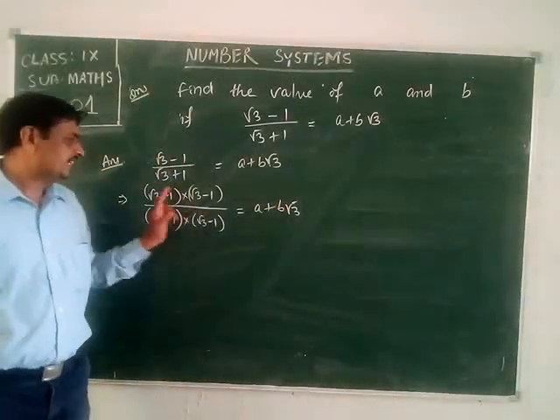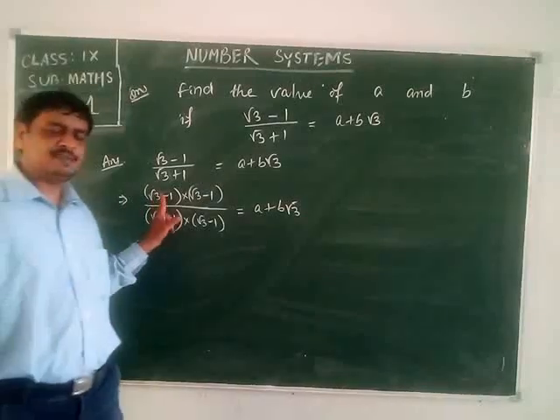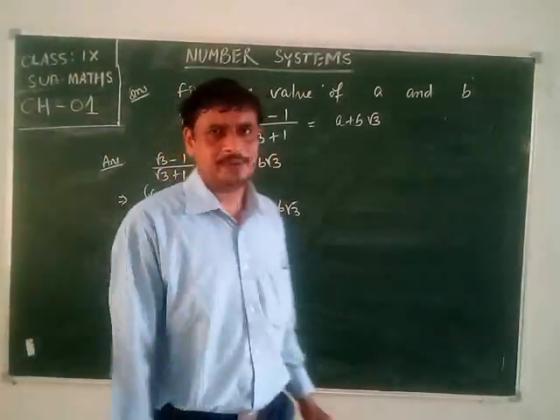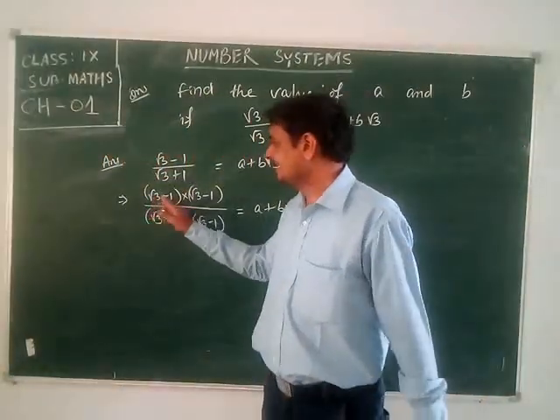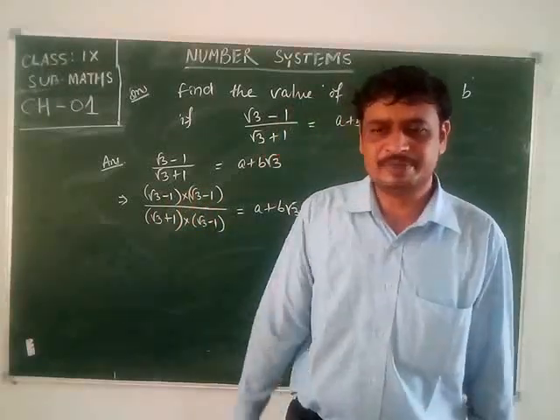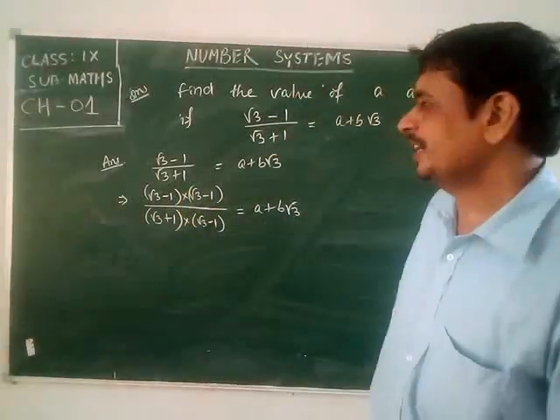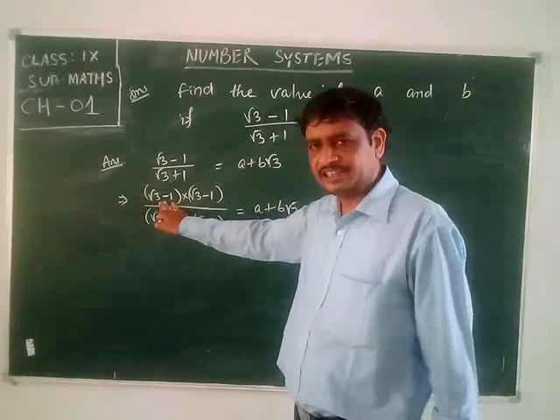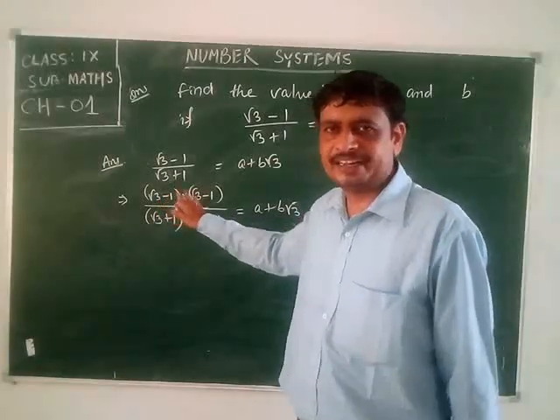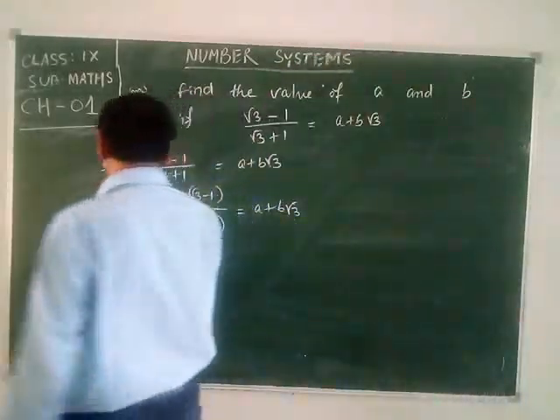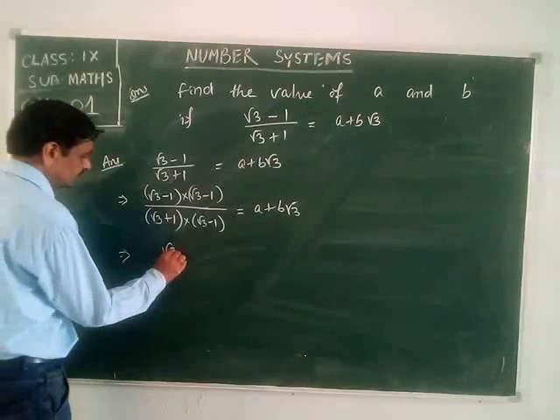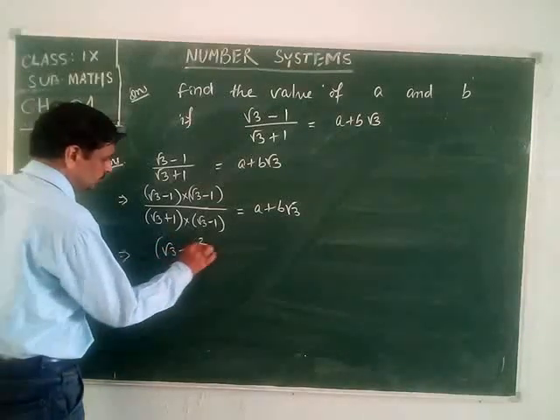Now, in the numerator, we have root 3 minus 1 into root 3 minus 1. That is in the form A minus B into A minus B. According to the identity, we can write root 3 minus 1 whole square.